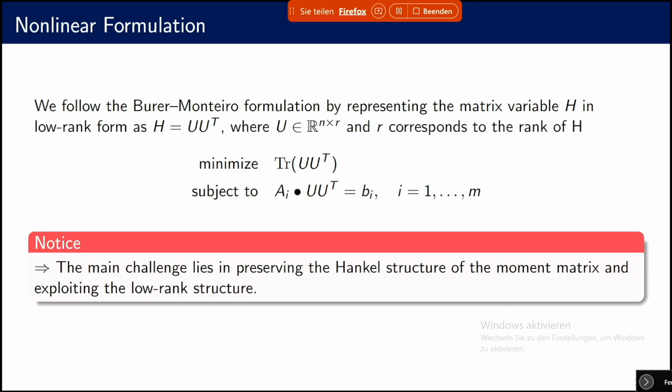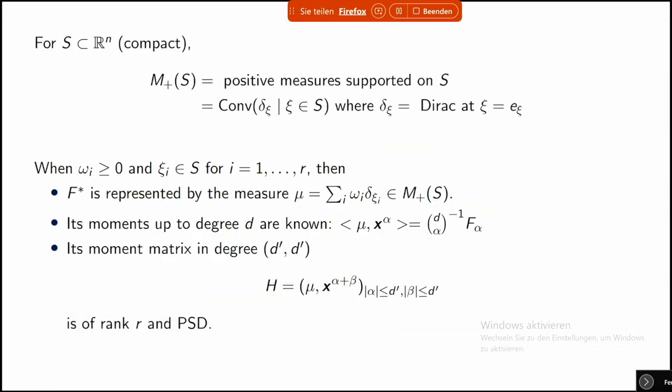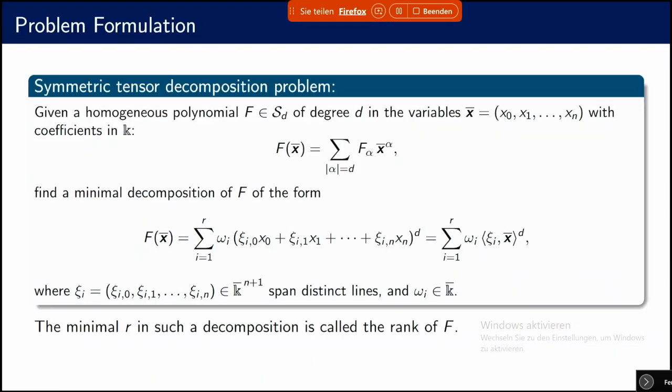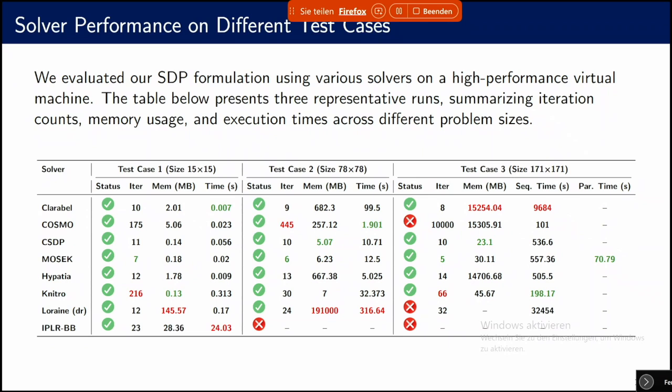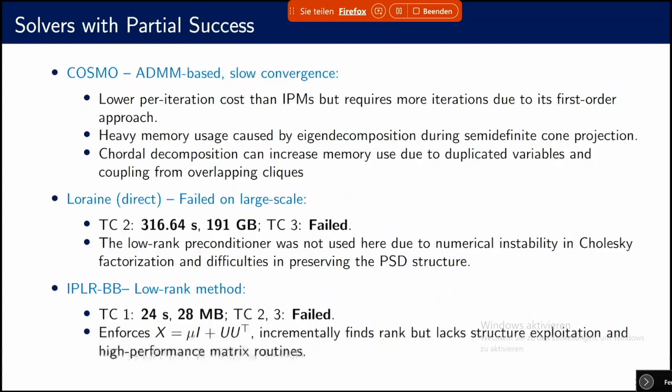Yeah, exactly. But this later will lead to an algorithm for tensor decomposition, right? Sorry? The final goal would be to find an algorithm for tensor decomposition, and this cannot be achieved if you don't have low rank, right? Yes, this is, as I said, the future goal, because there are some solvers that are detecting the correct rank. For example, this one, this solver is an interior point method solver, and it enforces the variable matrix to be in this format.